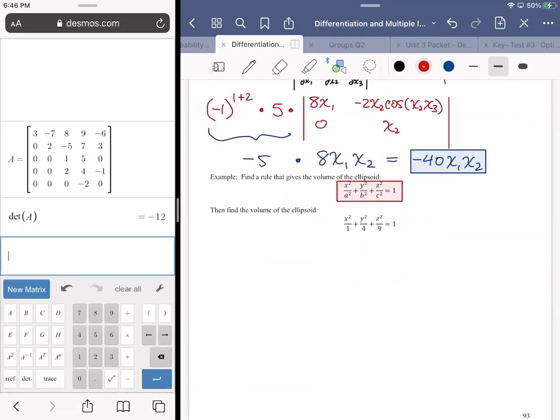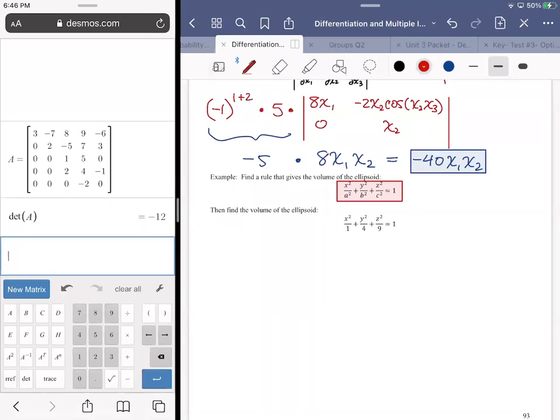So the first thing we're going to do is decompose this into vector valued functions so that we can apply what we were just learning. All right. So we're looking at an alternate form.